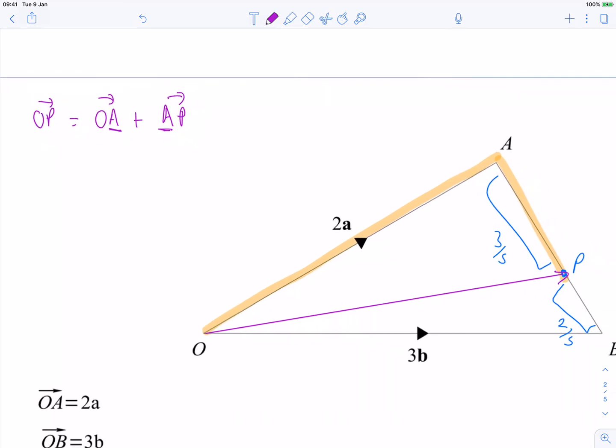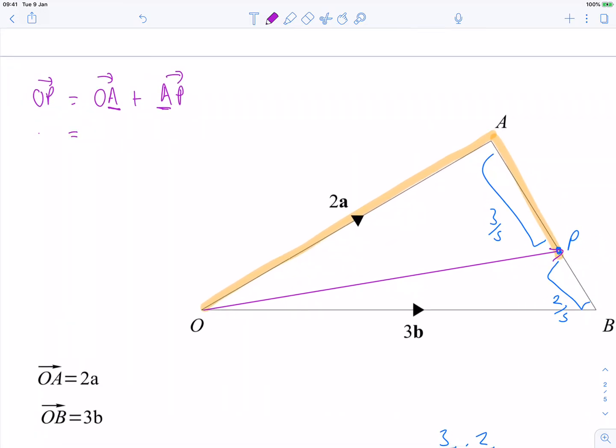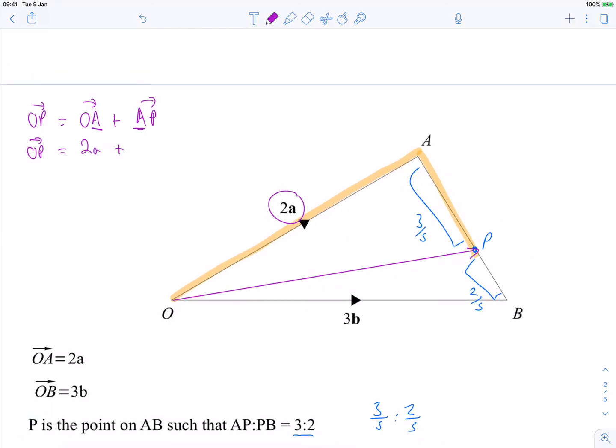So do we know, okay, so O to P is here. Do we know what O to A is? Yes, it's 2 lots of A. That's easy. Plus, do we know what A to P is? No, but we know it's 3/5. It's 3/5 of A to B.